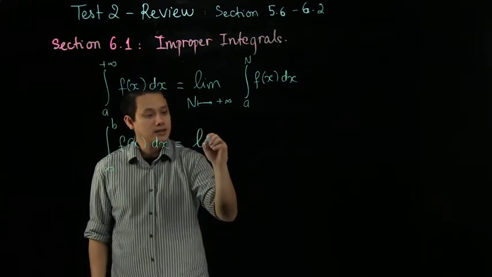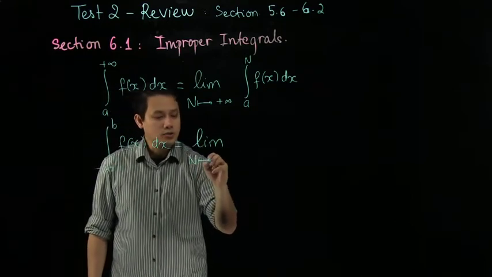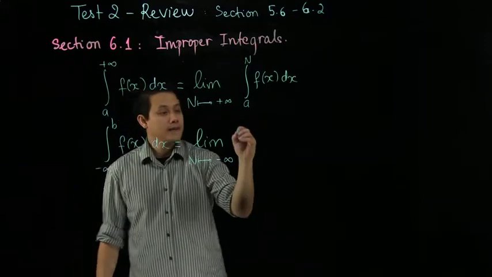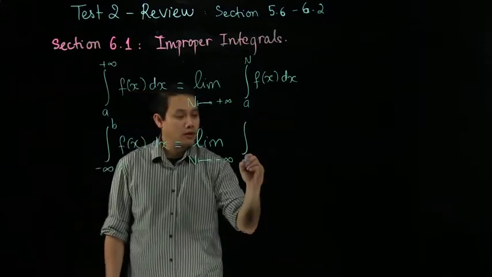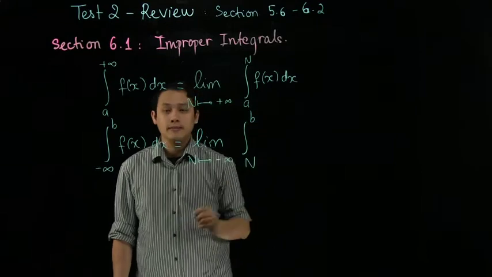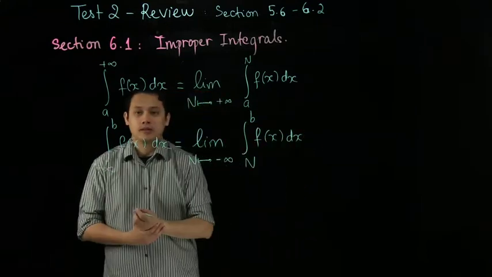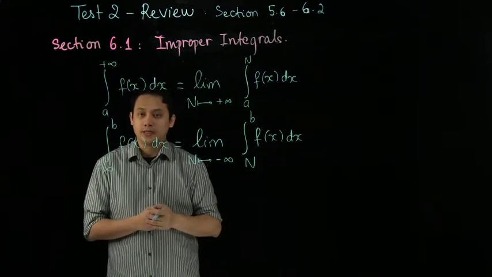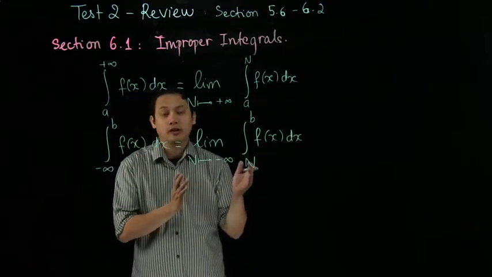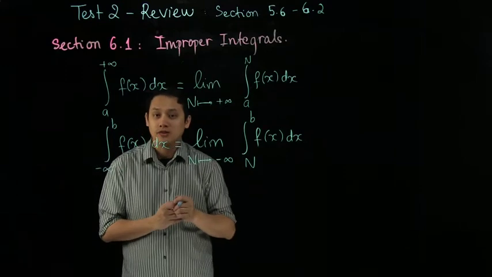That is the limit as n goes to negative infinity of the definite integral from capital N to b of f of x dx. Then you can use numerical estimation and once again algebraic manipulation to get the answer.